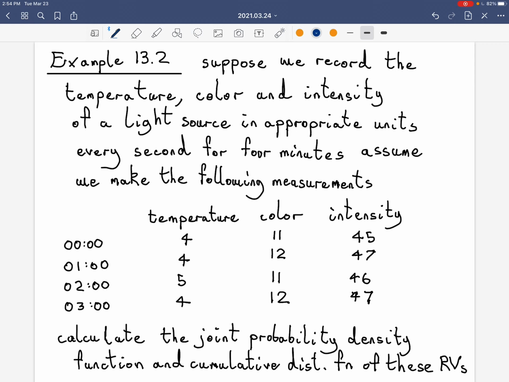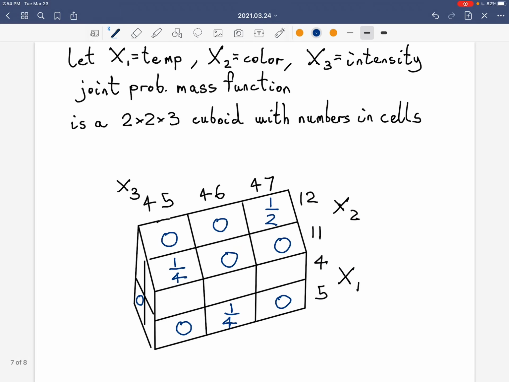We just have these various measurements recorded at different timestamps. What we want to do is calculate the joint probability mass function and the cumulative distribution function of these random variables.